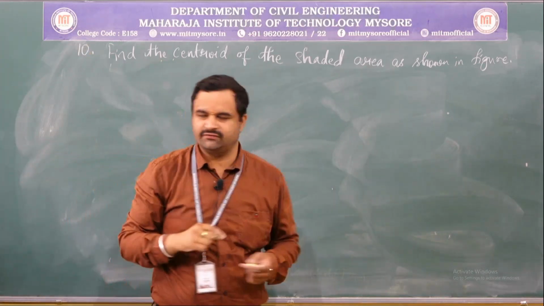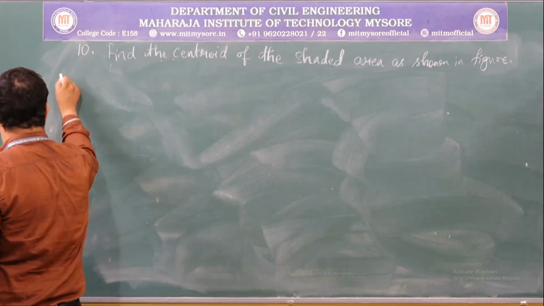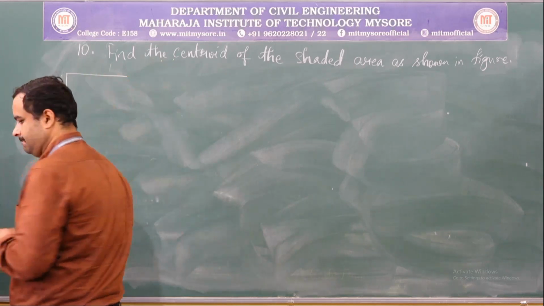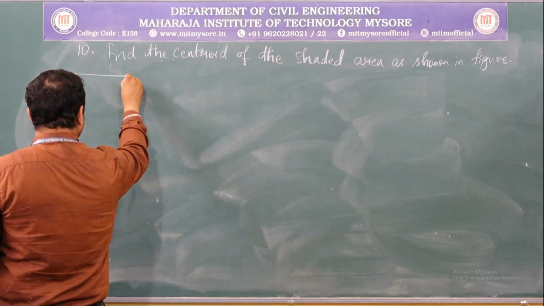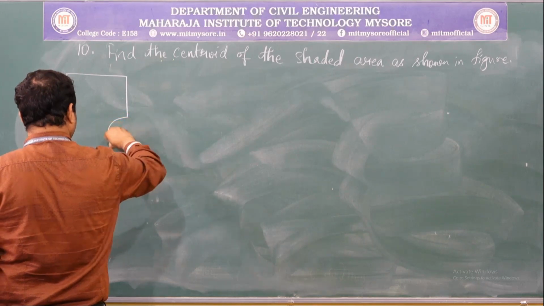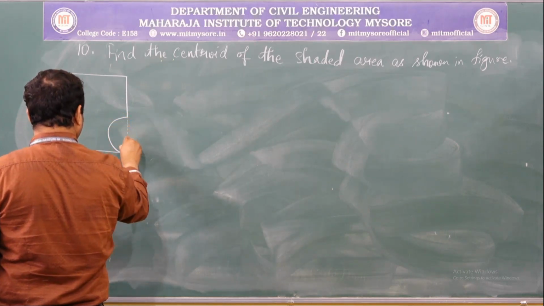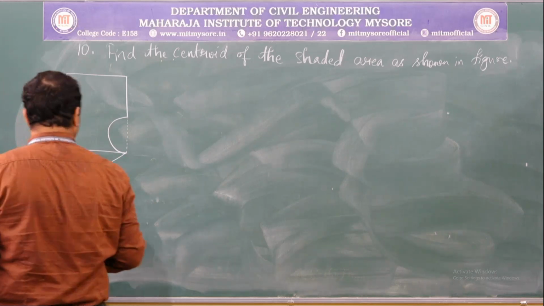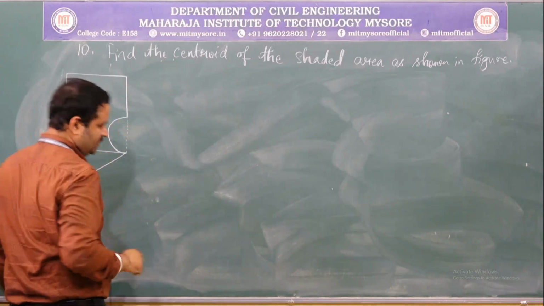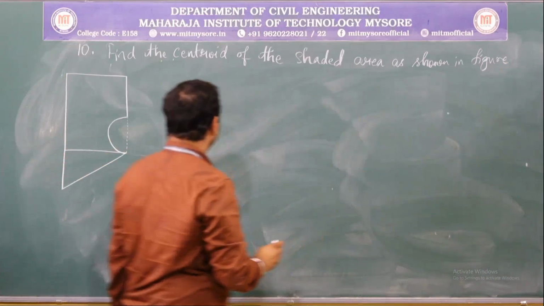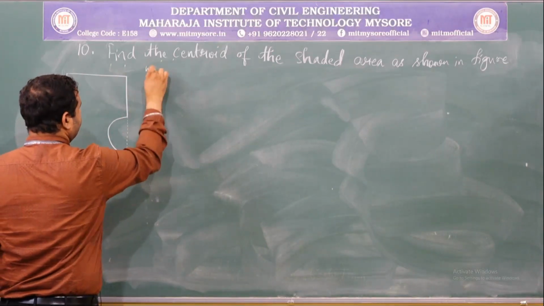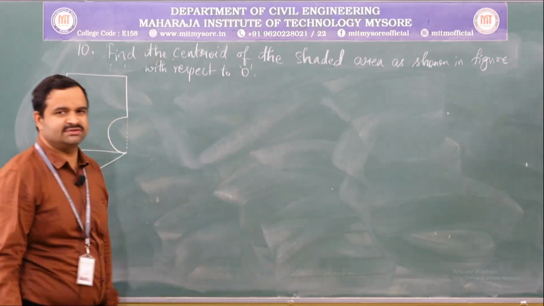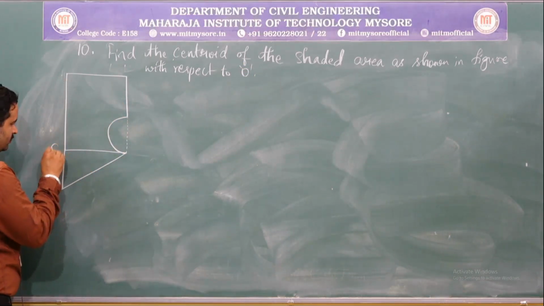Find the center of the shaded area shown in figure, and the figure is like this. So in this problem, as shown in figure, with respect to point O, they have specified a point, that is, point O is given.